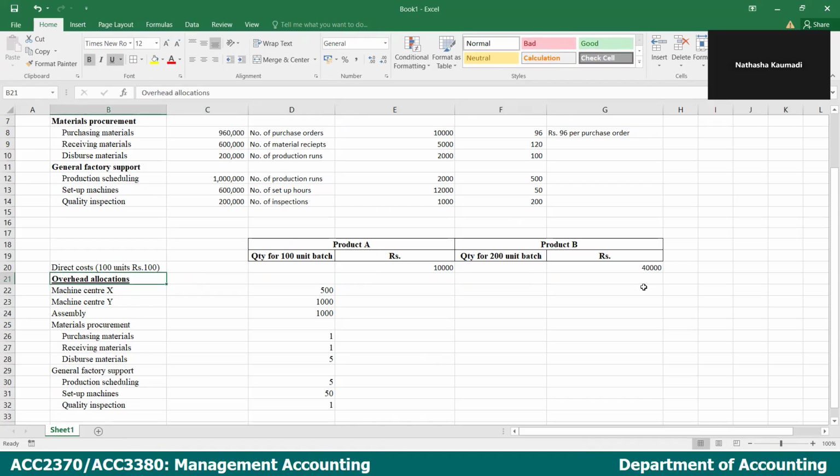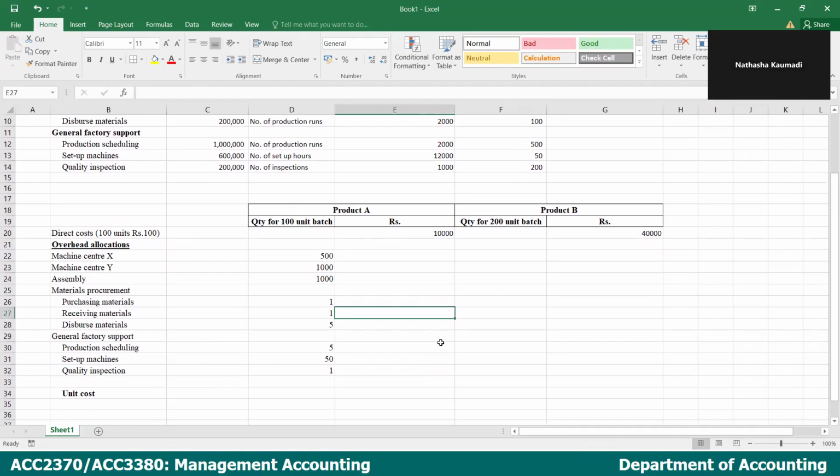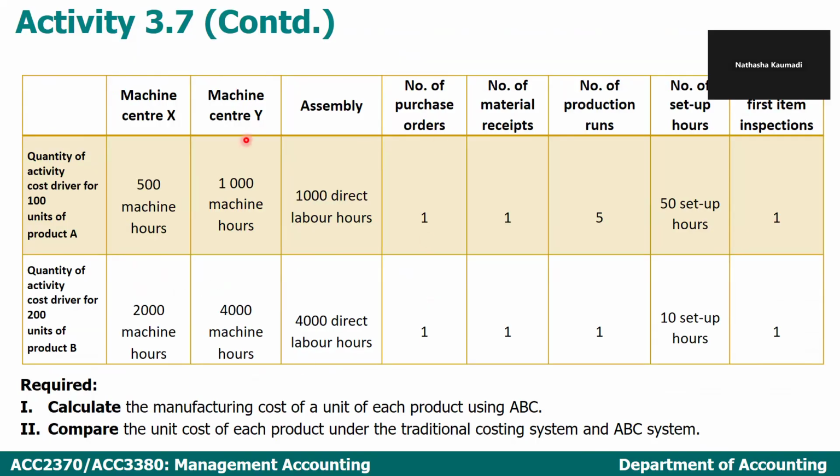And then we can take the overhead allocation. So I'm having a small subtopic, overhead allocation, and then we are allocating the cost. Now, we have 3 production departments, and then we have these activities for service departments. In this table, the activity cost ABC method table, we have the information.